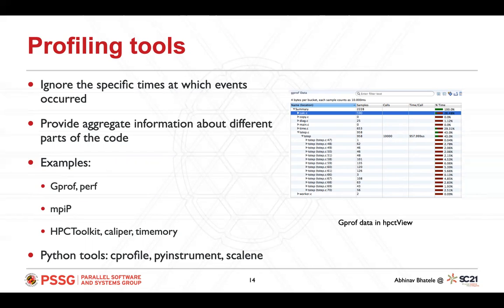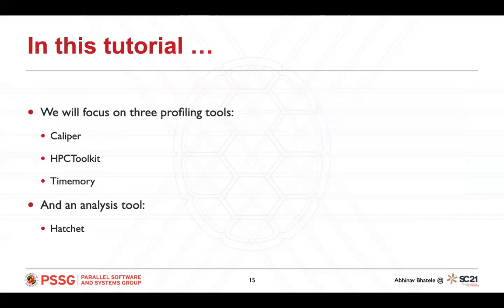If you work with Python codes, cProfile, PyInstrument, and Scalene are some popular profiling tools for Python programs. So in this tutorial, we'll focus on 3 measurement tools, which are Caliper, HPCToolkit, and Tempery. And we'll also look at one analysis tool that helps us analyze the data that comes out of these tools, which we call Hatchet. HPCToolkit also has a graphical user interface called HPCViewer, and we will also talk about that in this tutorial.